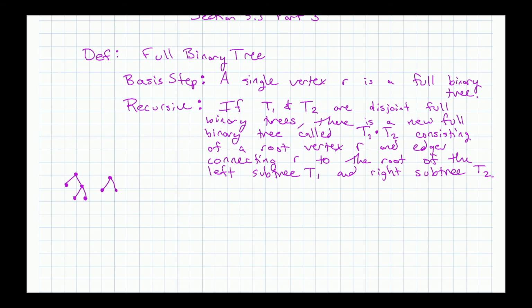This could be your T1, this could be your T2, and then in order to form a new binary tree, you just add a new root that you're going to call R, and then you connect that root R to the previous roots of the left subtree and the right subtree, and that's how you get a new binary tree. So there you go.